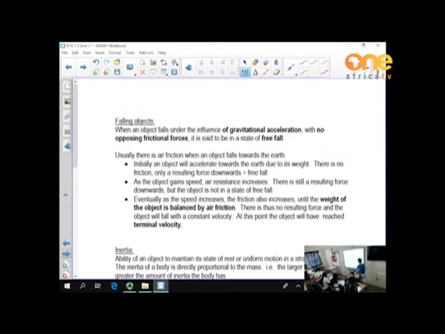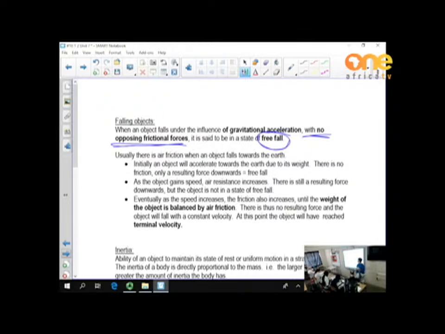Still busy with objects that are falling. When an object falls under the influence of gravitational acceleration and there are no opposing frictional forces, the object is in a state of free fall. No air resistance, falling with constant acceleration.